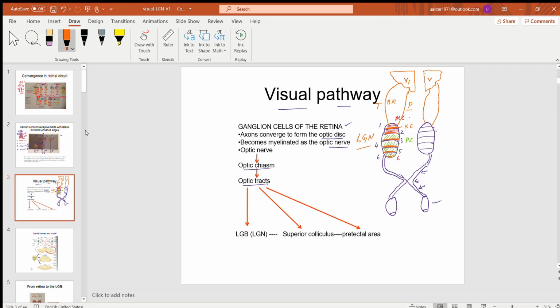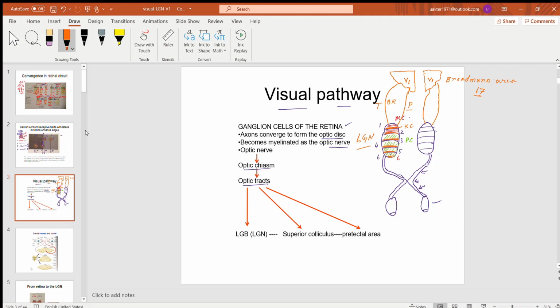Okay, so that's how the signal is taken to the primary visual cortex or V1. Okay, and V1 is also known as Brodmann area number 17. You know that different functional areas in the cerebral cortex are given different numbers based on their functions.